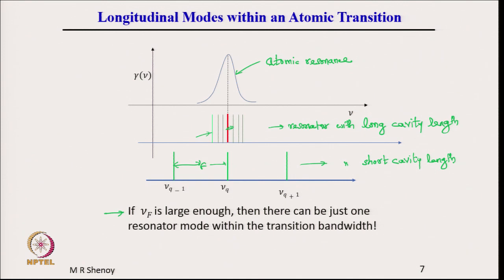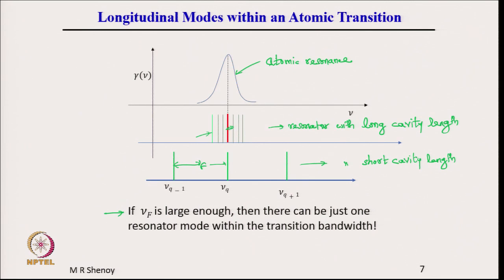So, if the cavity length is short, the separation can be large, and within one atomic resonance we can have just one longitudinal mode. The reason for this discussion is that in the next discussions I will consider that there is only one longitudinal mode in the atomic resonance or in the laser transition.